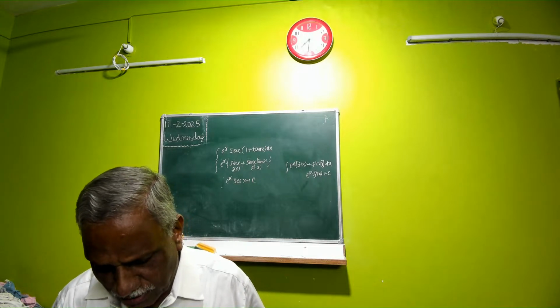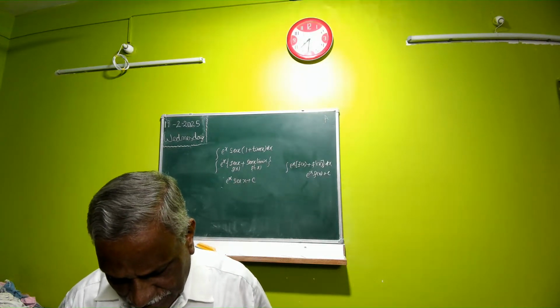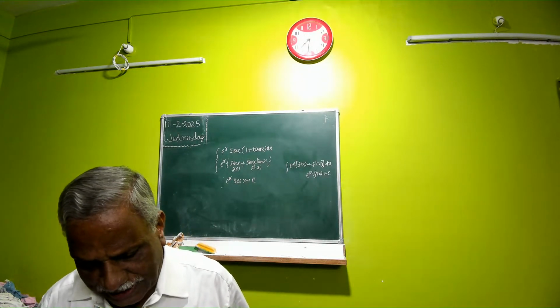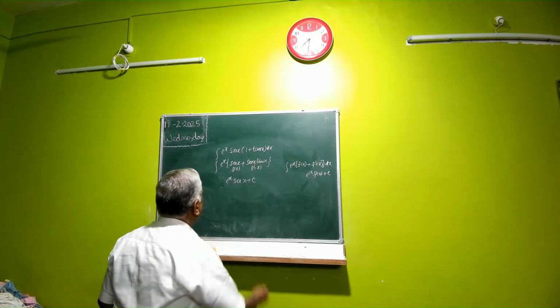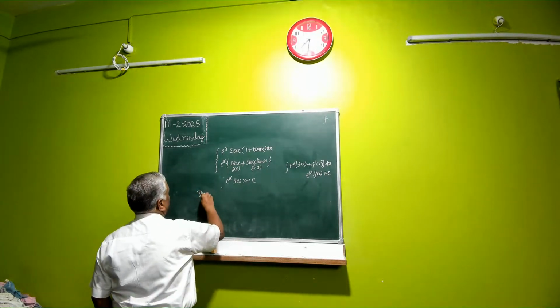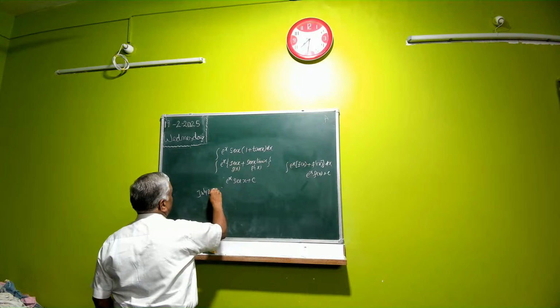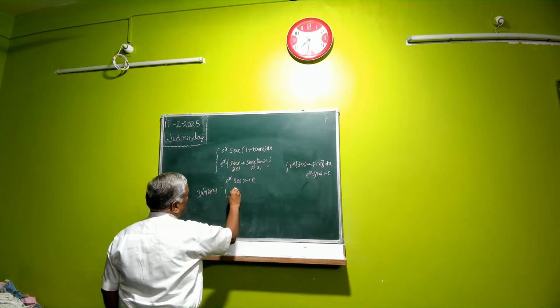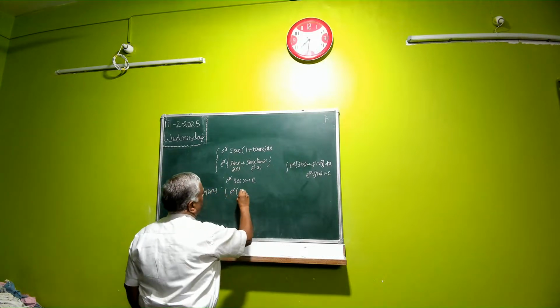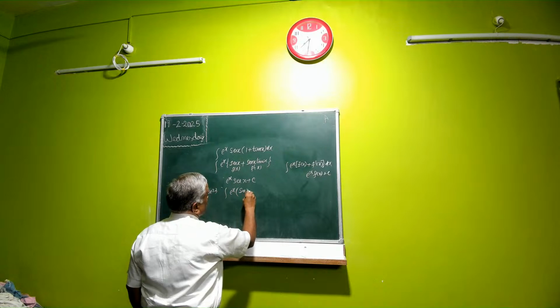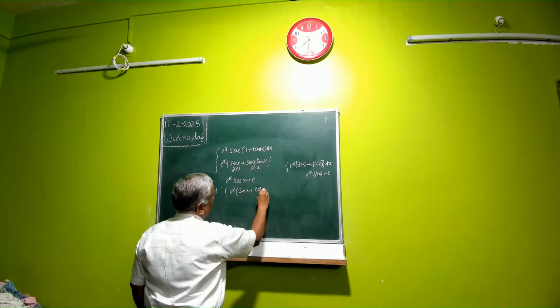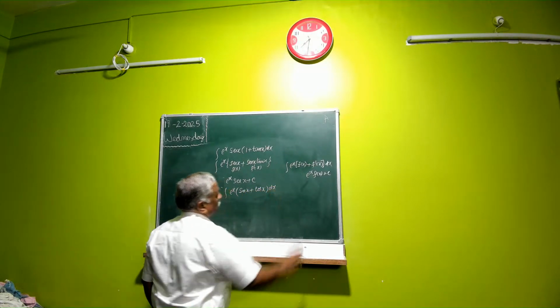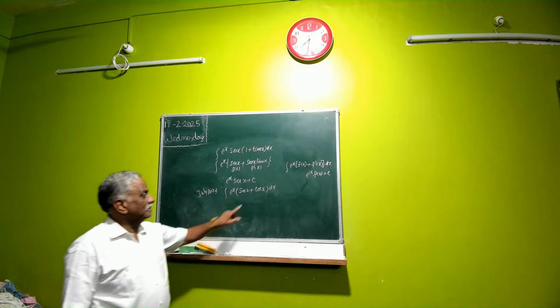Now the same problem with a small change I have given in July 2023. They have given e to the power of x only, but I have given sin x plus cos x. So you should realize which is f of x.